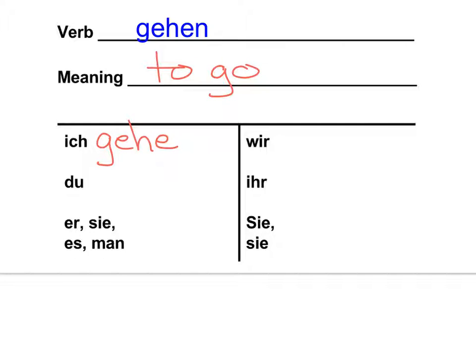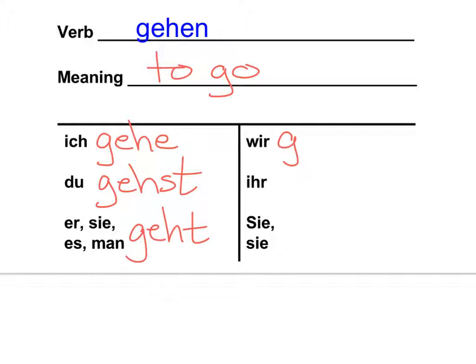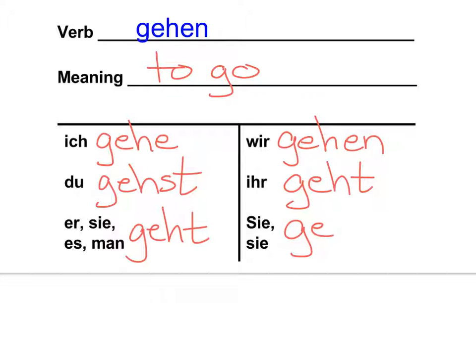What about du? Gehst. You should be filling these in. Er, sie, es, man? Geht. Wir? Gehen. Ihr? Geht. And Sie? Gehen. Good.